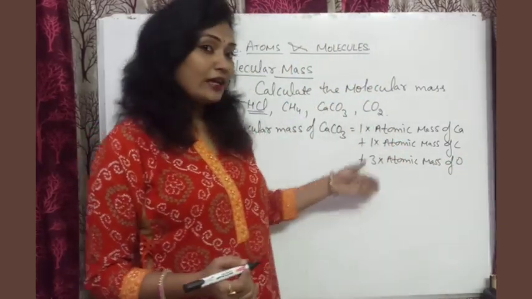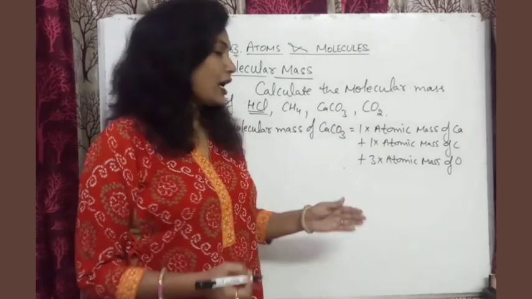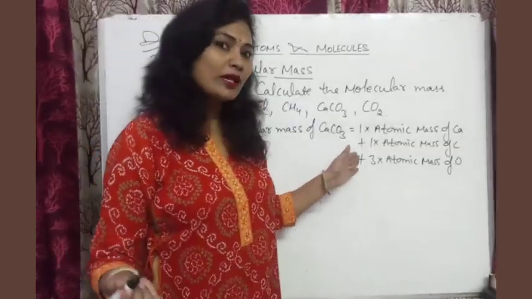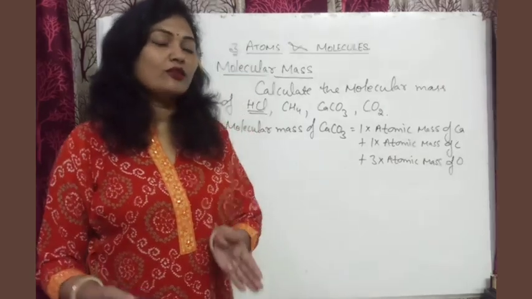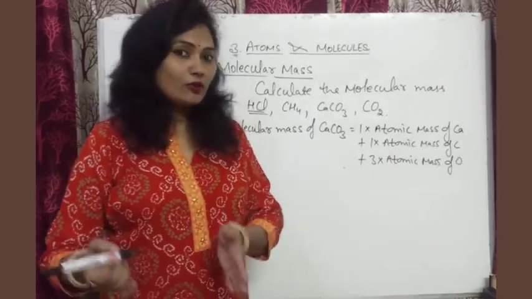So you write the atomic mass of these substances and multiply with the number of atoms present, and after that you get the total molecular mass.